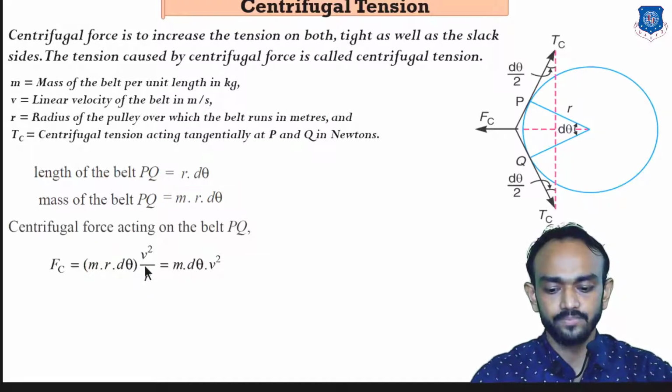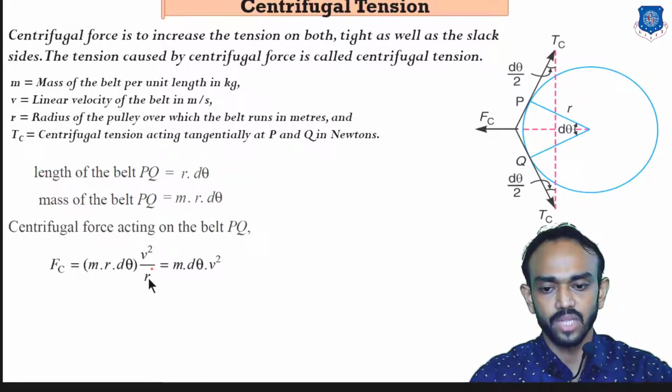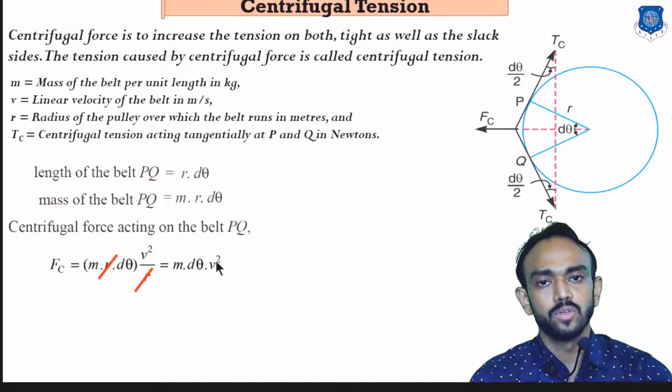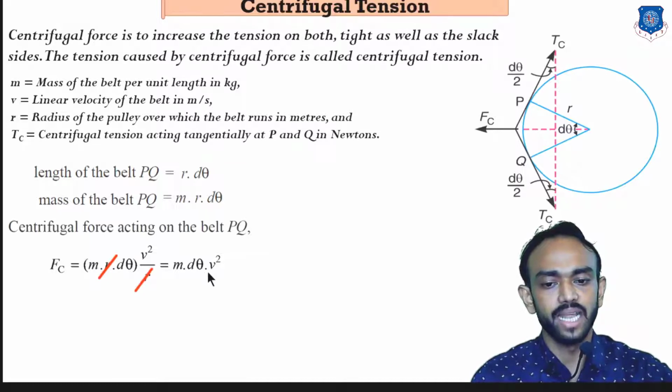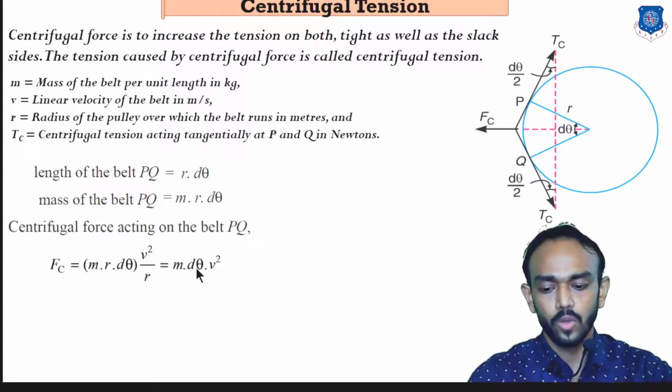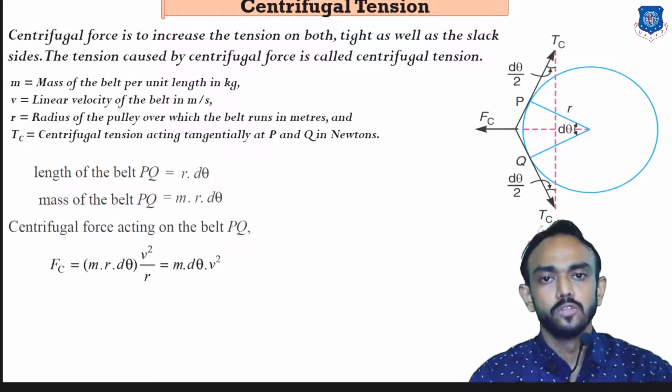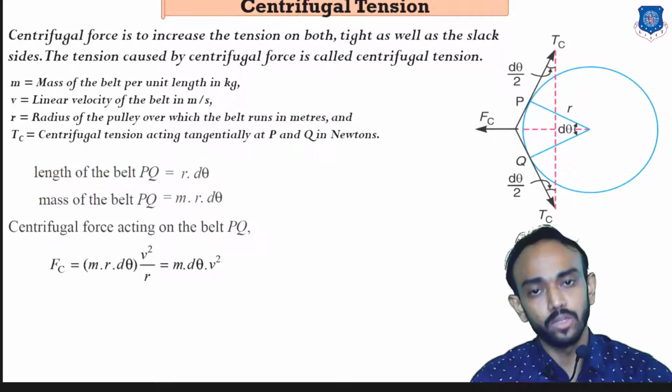In this case r is eliminated, and the formula becomes: centrifugal force acting on that PQ element is equal to m d theta into v square. Okay, so this is the centrifugal force acting on this PQ.